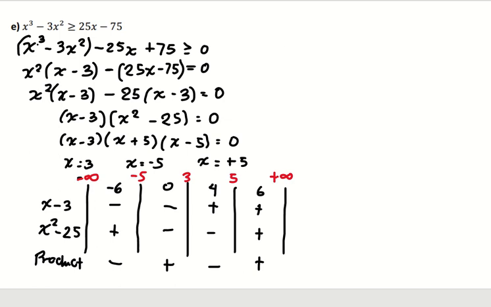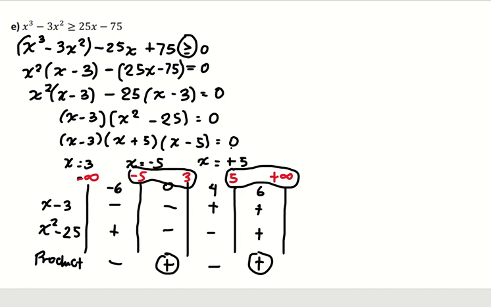Looking back here, to get the values of x, since this is greater than or equal to 0, our y should be positive. So take a look at those positives. The x's should lie between negative 5 and 3, and between 5 and infinity.